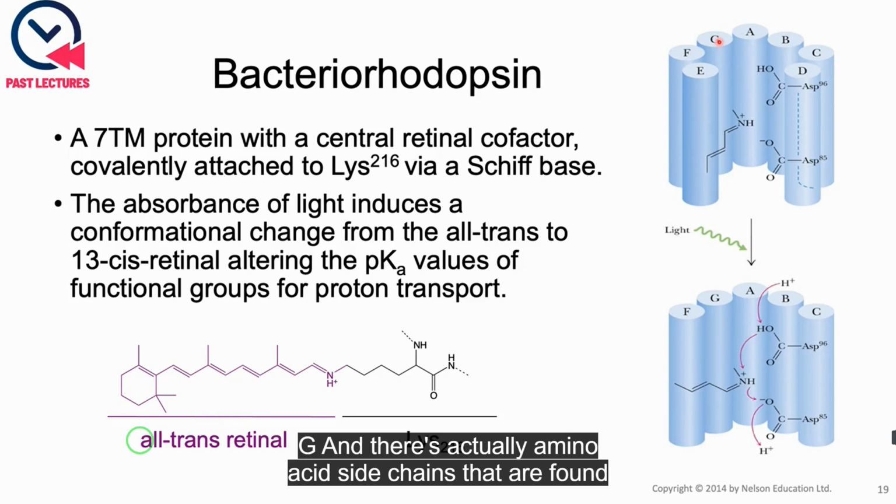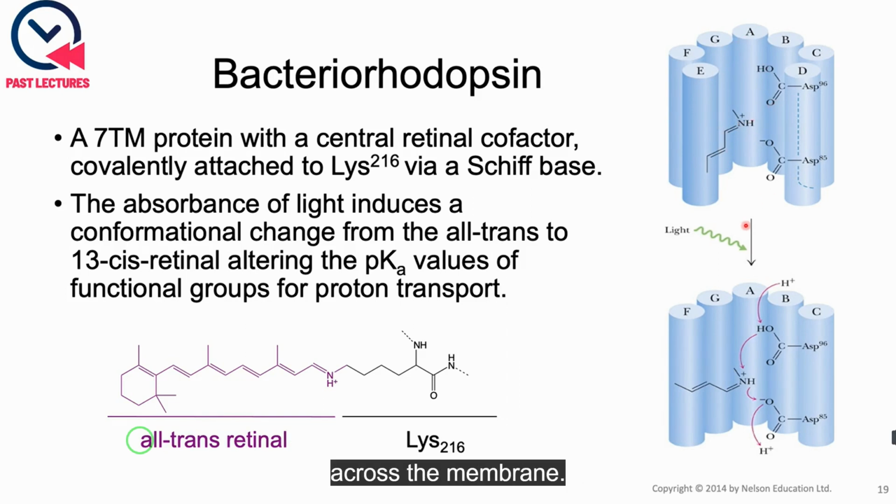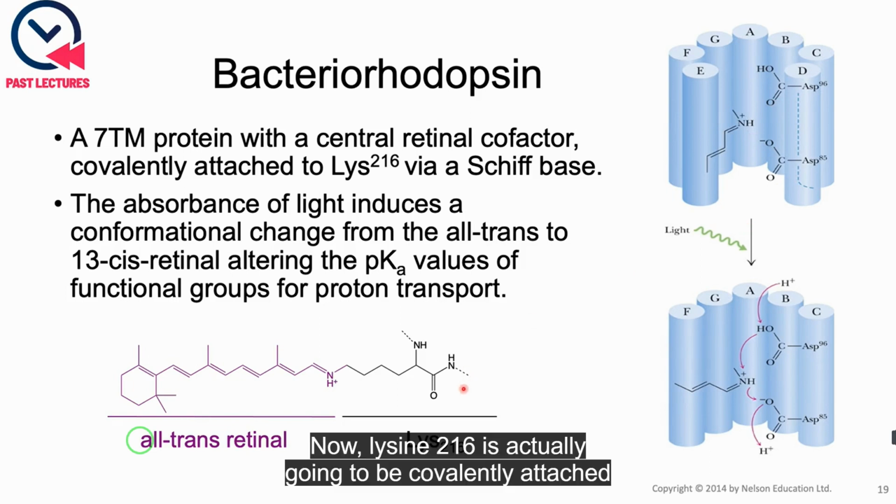And there's actually amino acid side chains that are found in these helices that can bind to protons, okay, and that's what's actually going to allow for their transport across the membrane. Now, lysine 216 is actually going to be covalently attached to that retinol cofactor, okay?